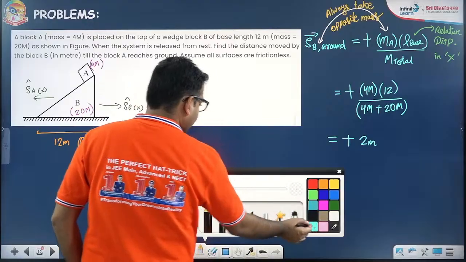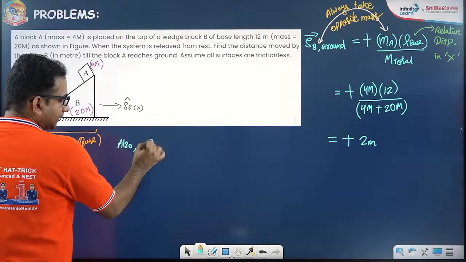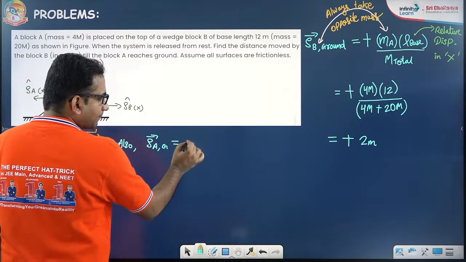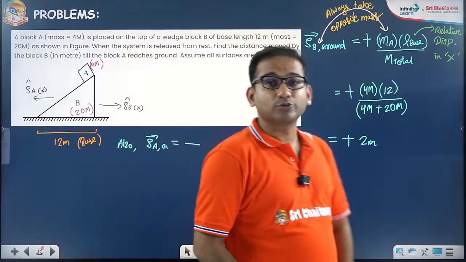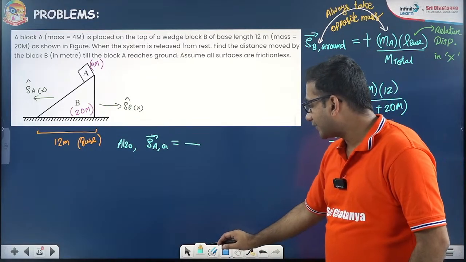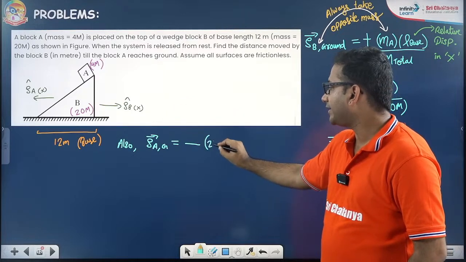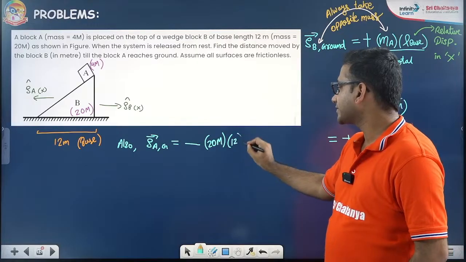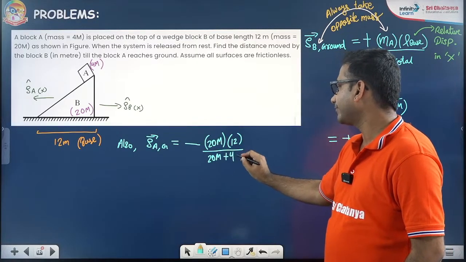Suppose they ask for the displacement traveled by A with respect to ground. That will be minus, because it is towards the left, and always take the opposite mass. The opposite mass is the mass of B, 20m, into the relative displacement, 12 meters, by the total mass of the system, 20m plus 4m.